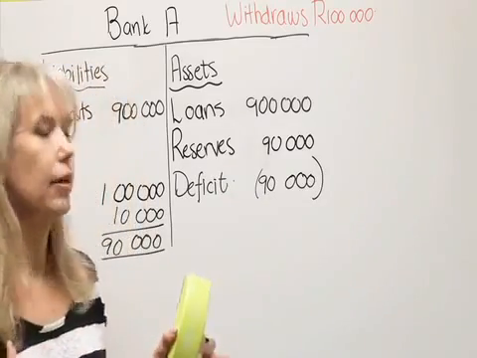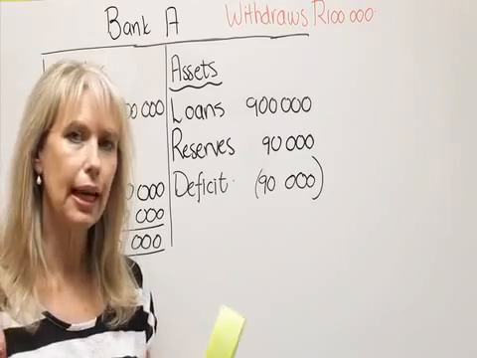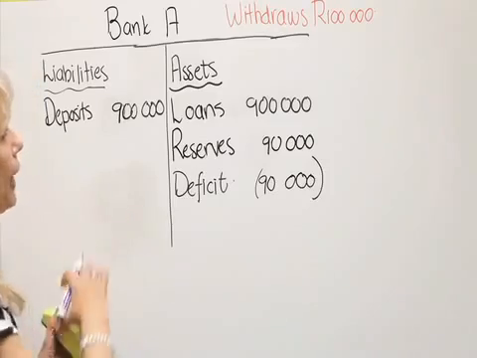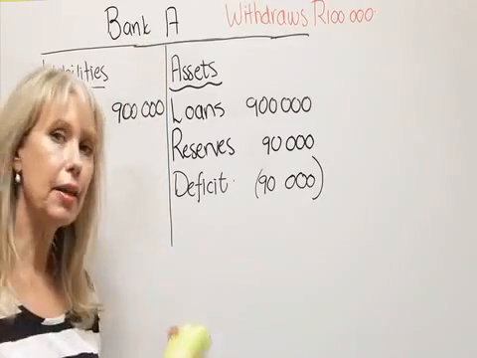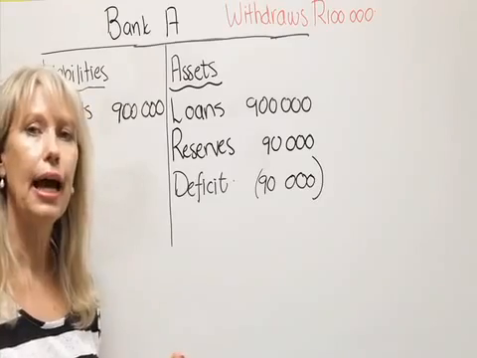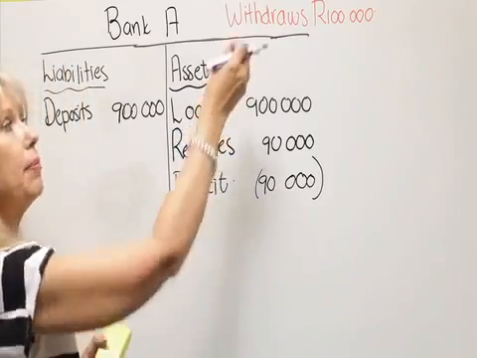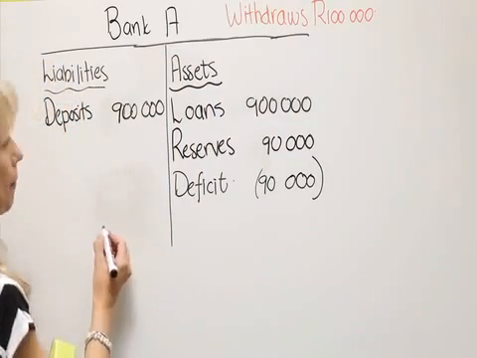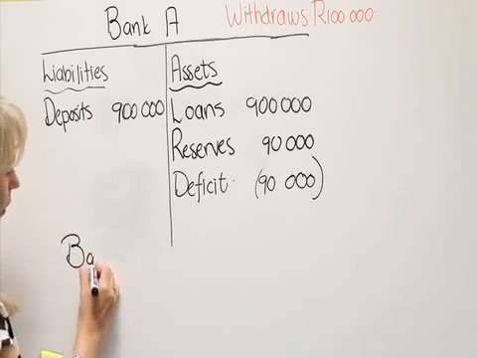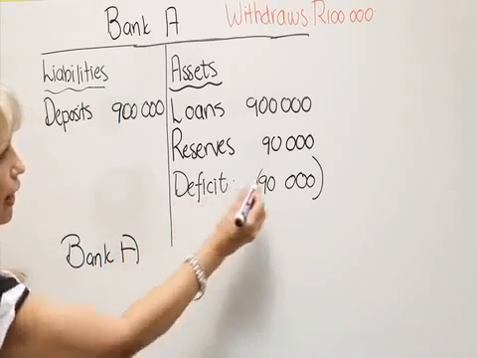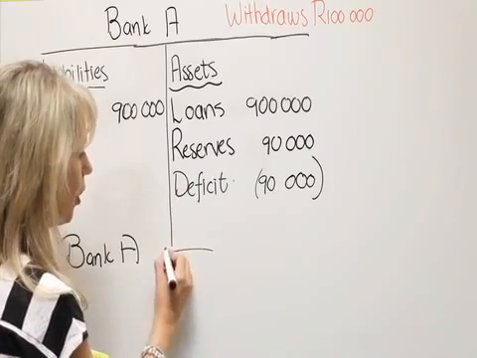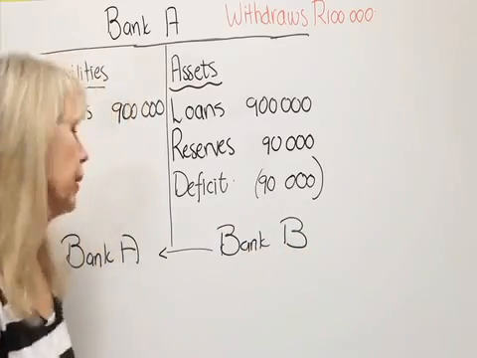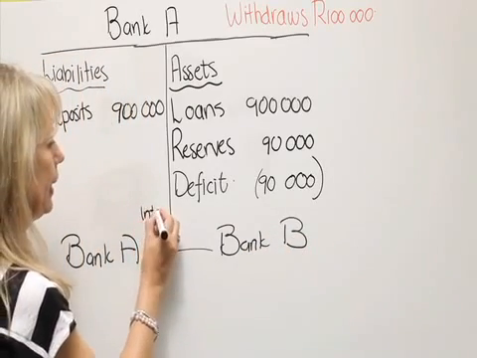Now, how can the bank finance this deficit? Where can the money come from? In the first place, Bank A can go to another bank which may have a liquidity surplus. Maybe someone deposited money with that bank on that day. So Bank A can finance this deficit by borrowing from another bank, let's say Bank B. And we call that interbank lending.